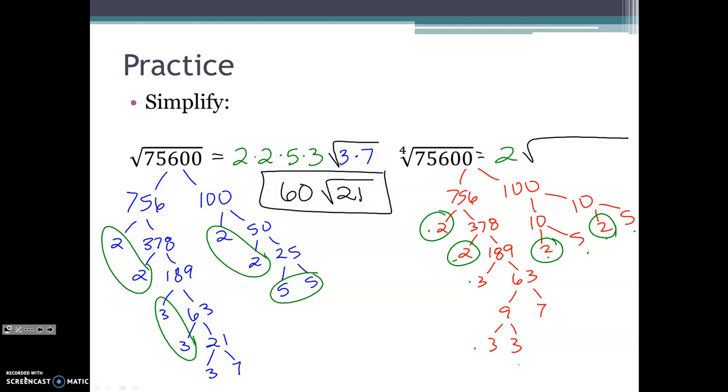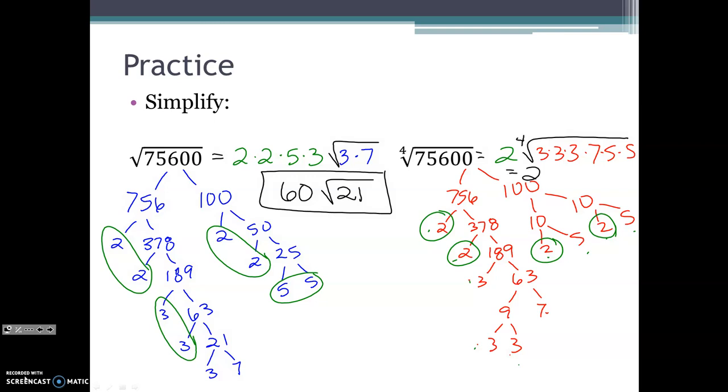What am I left with on the inside? Well, I've got 3, 3, 3. So three 3s being multiplied together. I've got a 7. I've got a 5. And I've got a 5. So all of those numbers are stuck on the inside. Okay? And I forgot to add my fourth root there.